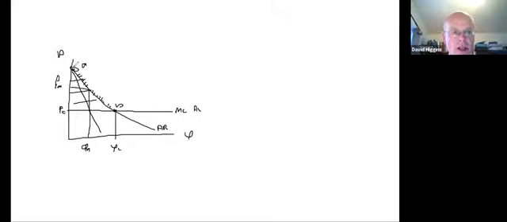So all of this area here, the triangle ABPC, which used to be consumer surplus under a competitive industry, is now transferred entirely to the monopolist.